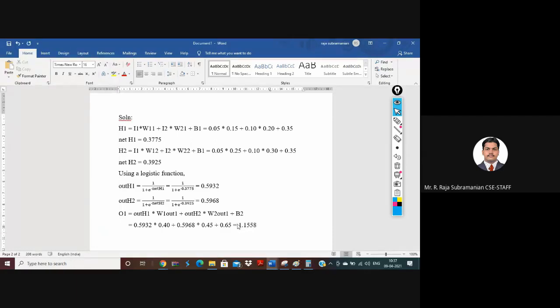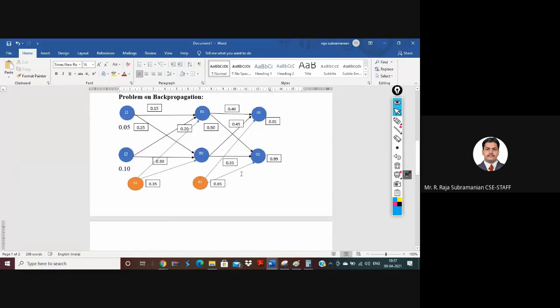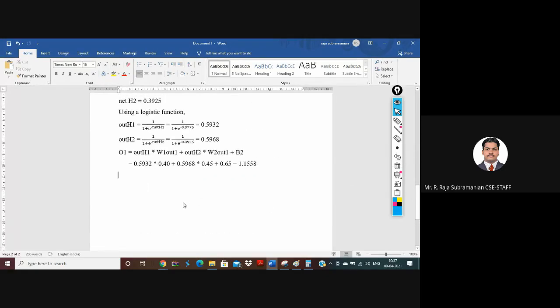Similarly, we have to do this for O2 also. For O2, what are the things coming? 0.50 is coming, 0.55 is coming, and bias 0.65. 0.50 and 0.55 are going for O2. So I'll calculate O2 now by using the same formula.